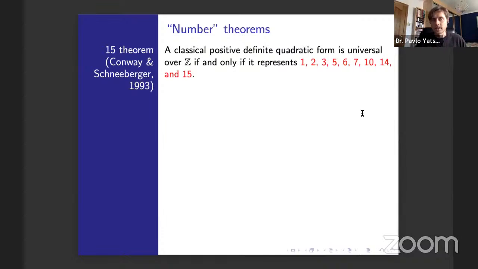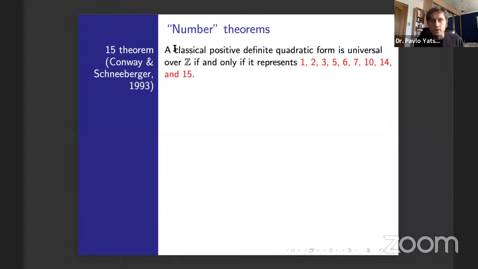This is currently known as the 15 theorem. It says that a classical positive definite quadratic form is universal if and only if it represents the integers between 1 and 15. So you need to represent 1, 2, 3, 5, 6, 7, 10, 14 and 15.